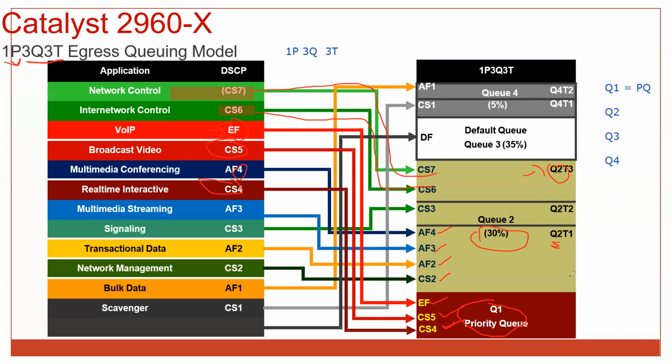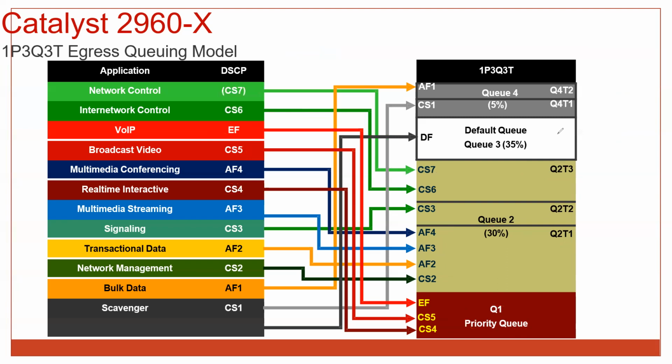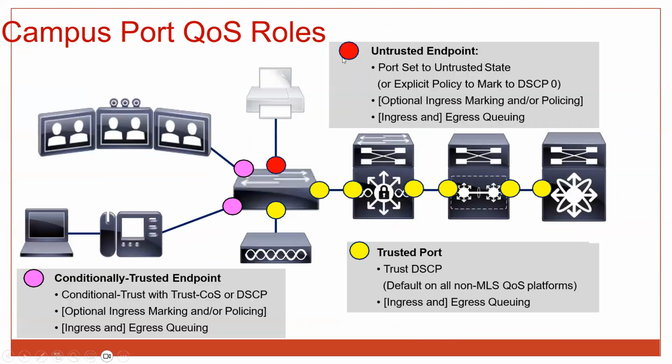Now in Q2, you can see that we have Q2 threshold 1, Q2 threshold 2, and Q2 threshold 3, right? It's a little bit confusing, right? How can we understand this?